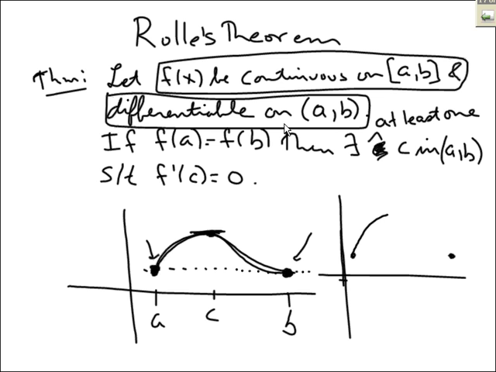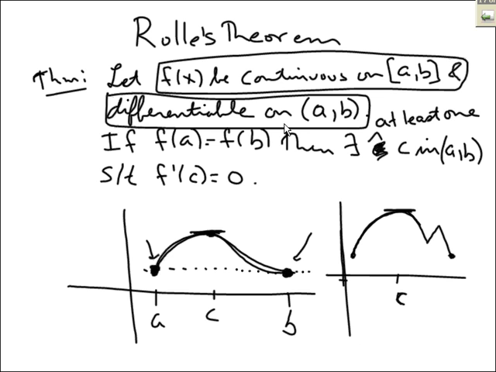For example, right here, the slope is 0. But then I'll go and have a corner point. I'll even have 2 corner points. Rolle's theorem did not guarantee that C value. Rolle's theorem does not guarantee it, because it's not differentiable.